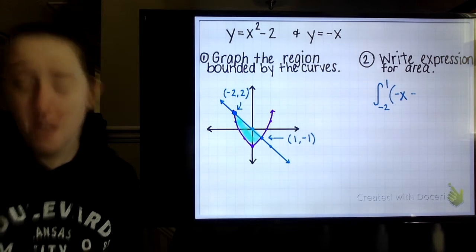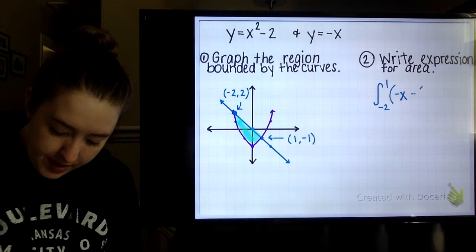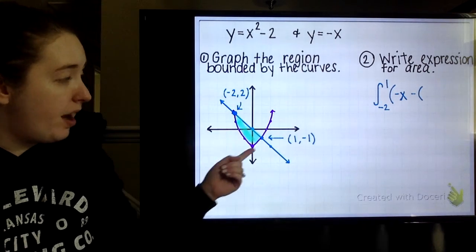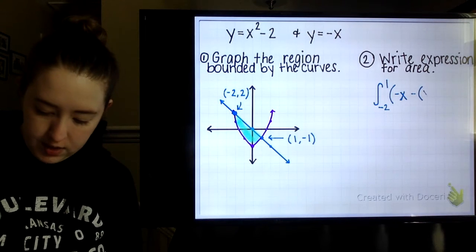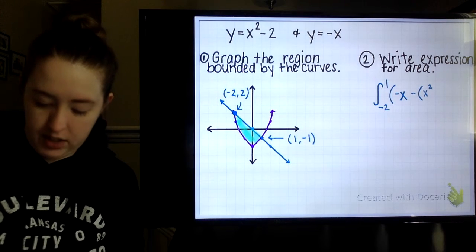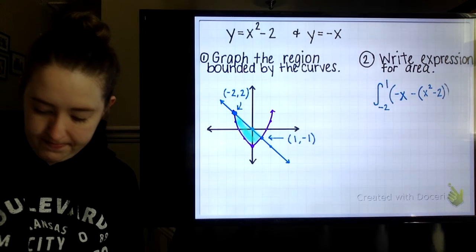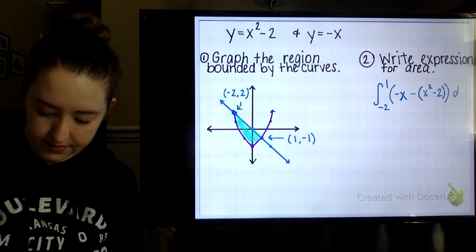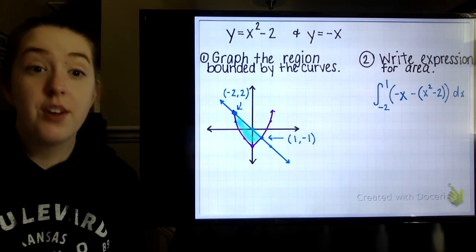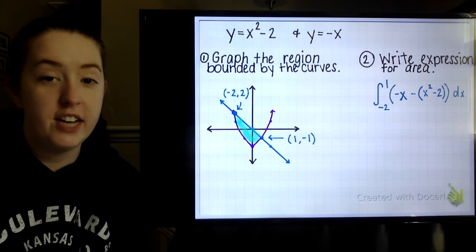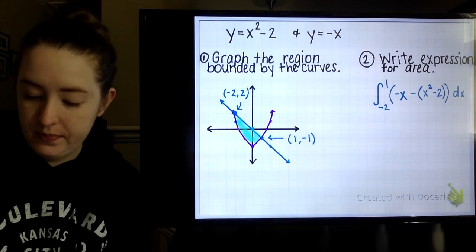Please use them. So I'm going to put parentheses right here because I need to make sure that I subtract all of that bottom function, x squared minus 2. Good deal. So that is our expression for the area between these two curves.